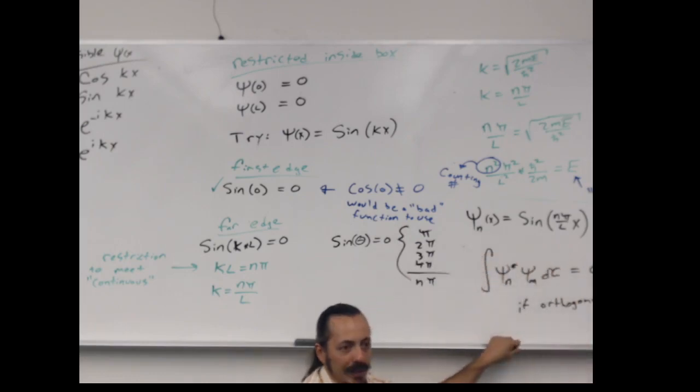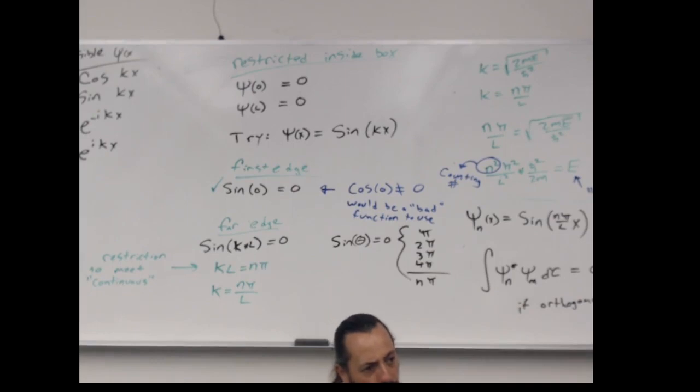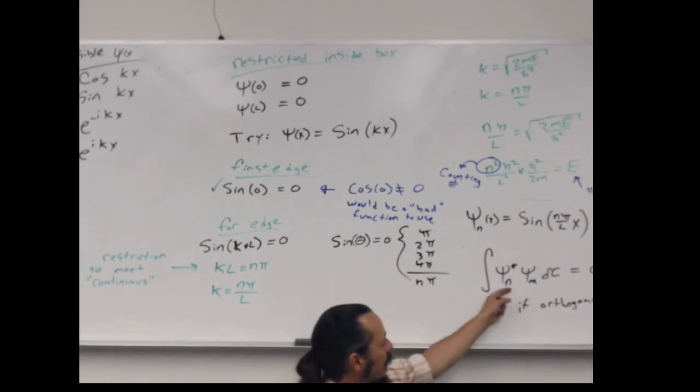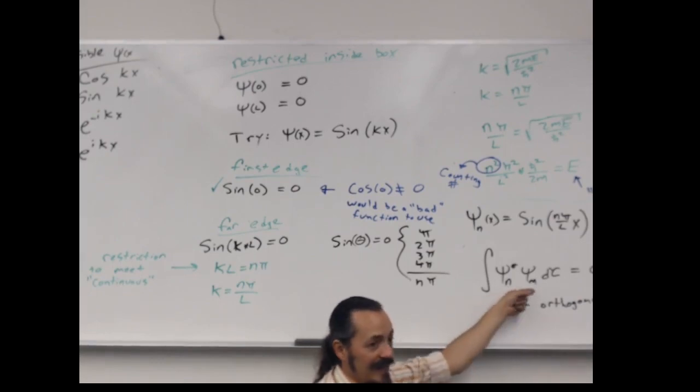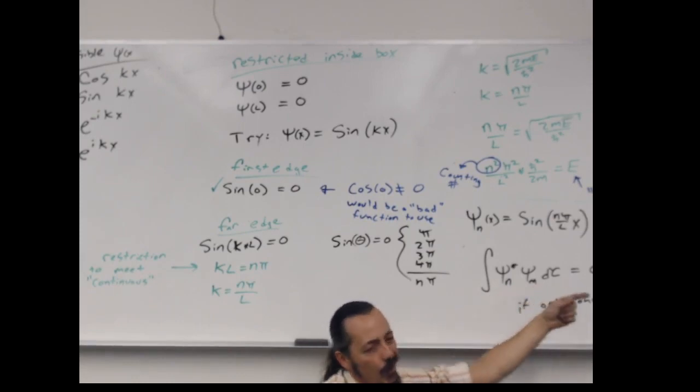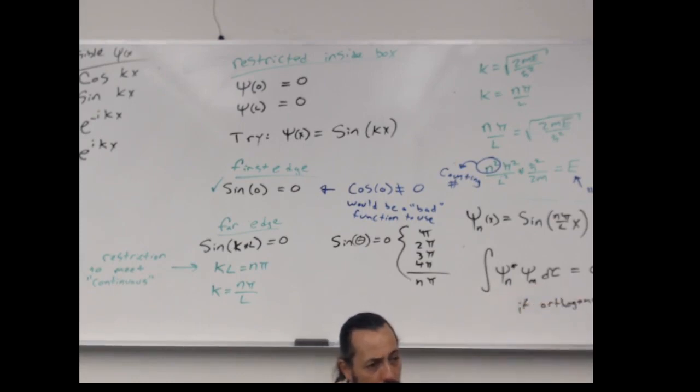The thing we're going to use that for is to simplify a bunch of our integrals. If we've got different functions that are orthogonal functions, we know those integrals are going to be 0. So there's going to be this nice shortcut. That's how we're going to use this idea of orthogonality.